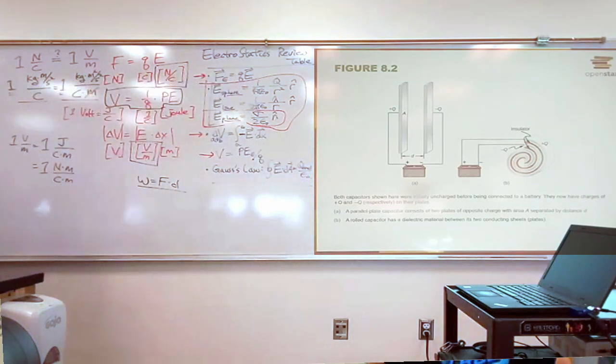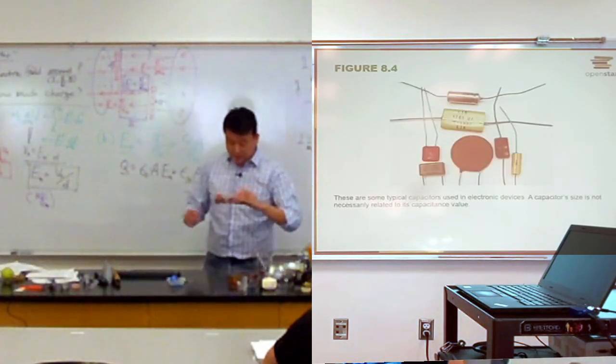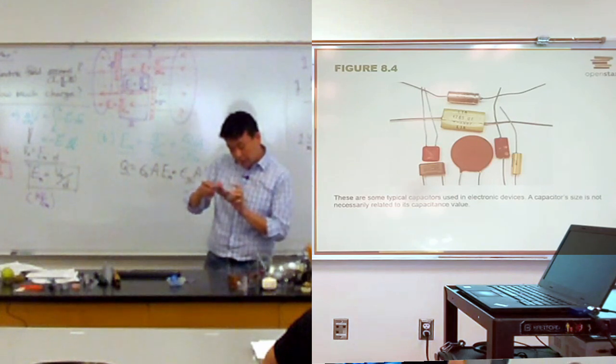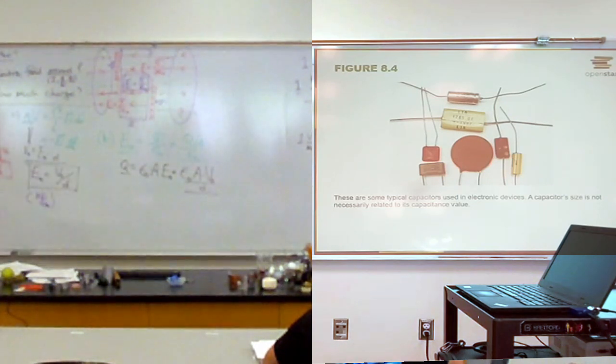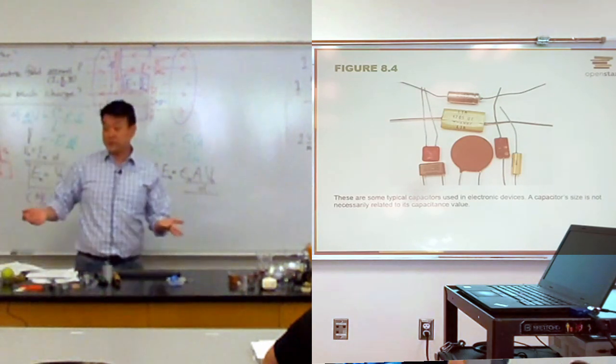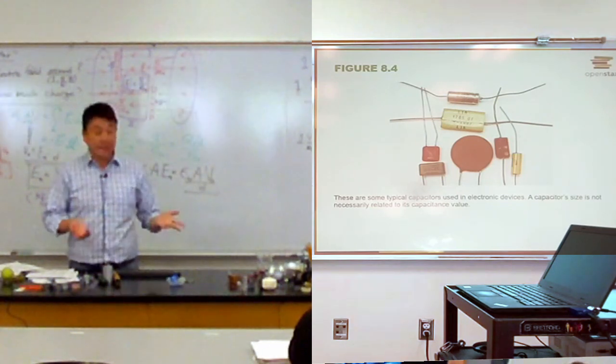So there are some pictures of capacitors here. And let me just pass this around. This is a collection of reasonably large capacitance. It's physically pretty big, right? So that's what capacitors look like. It's a circuit component. But today we are just treating it as an electrostatic thing.